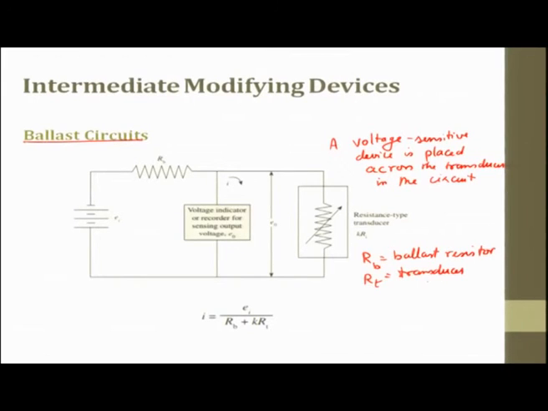So, again here by applying Ohm's law, you get this circuit. I current is nothing but the voltage applied by RB plus KRT. If ballast resistor is 0, then I is nothing but EI by KRT, where K is a factor.